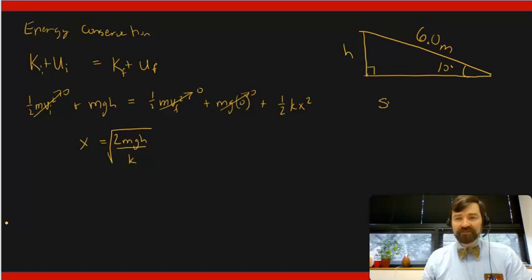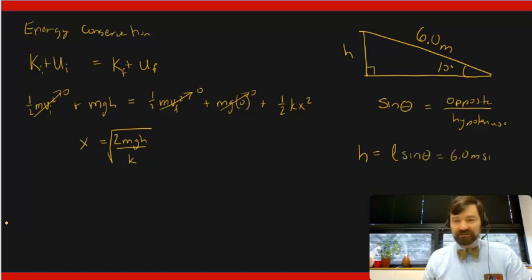And the answer is, the sine of an angle theta should be the opposite side divided by the hypotenuse. Therefore it follows that the opposite should be the hypotenuse times sine theta. So the height h, don't confuse height h for hypotenuse h, should be the length times the sine of theta. And so that's 6 meters times sine of 10 degrees.